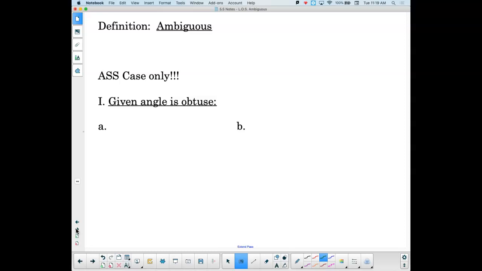Ambiguous meaning open to multiple interpretations.